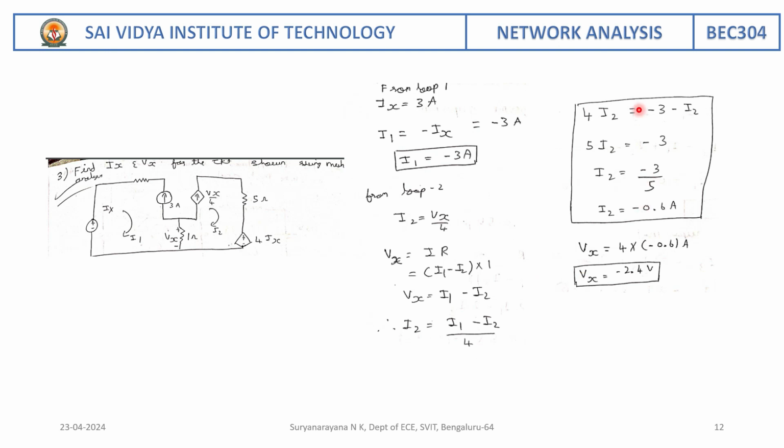We already know what I1 is. Substitute I1 here and we get the current I2 as minus 0.6 ampere. Now Vx is equal to 4 into I2. The value of I2 is minus 0.6 ampere. So substituting here, we get Vx as minus 2.4 volts.